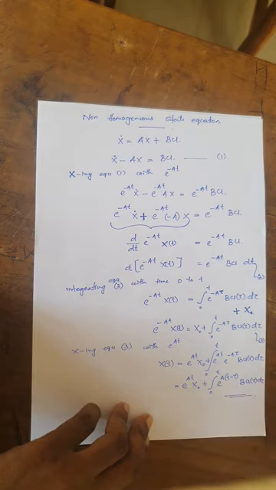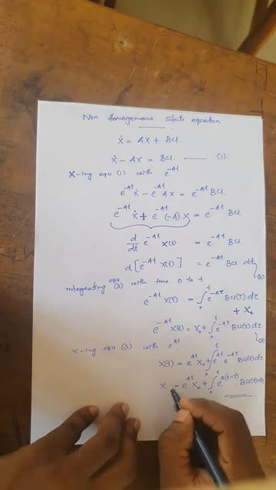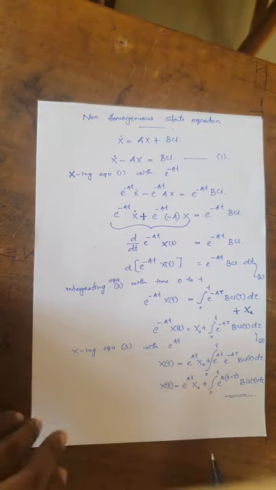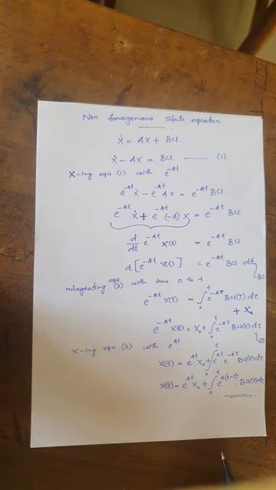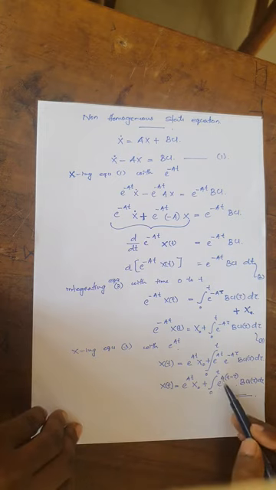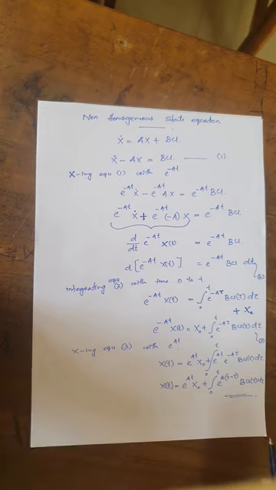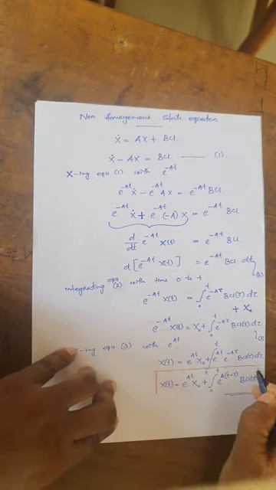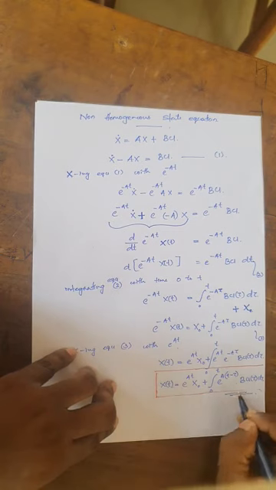This is the solution of state equation. x of t is equal to e raised to a t x0 plus integral 0 to t e raised to a into t minus tau b u of tau d tau. So this one is the solution of state equation.